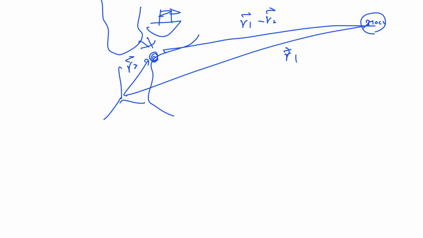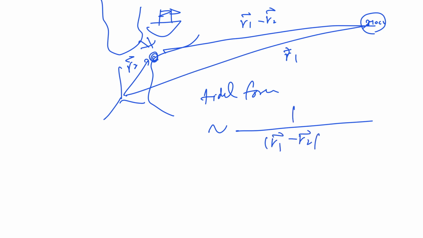The tidal force is proportional to the distance between R1 and R2, right? So that is the square root of R1 squared plus R2 squared minus 2 R1 R2 cosine theta.